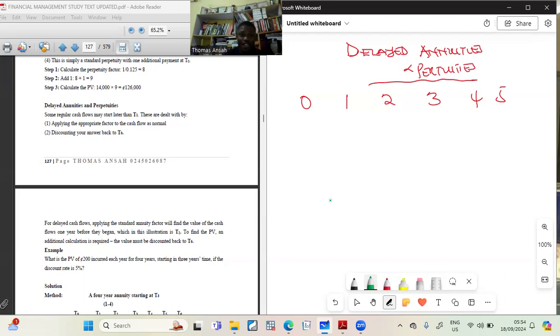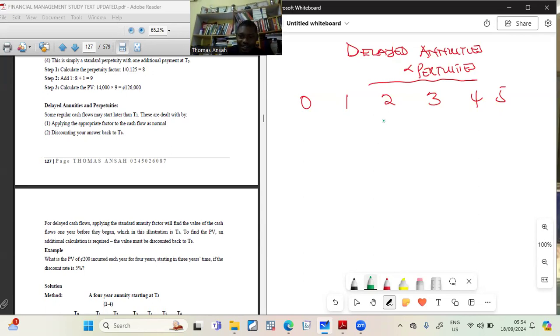So at the end of the year means arrears, but into the next year means you have delayed. So now the cash flow is supposed to be 600, 600, 600, 600, 600. 600 for 5 years. Delayed means that it didn't start at year 1.